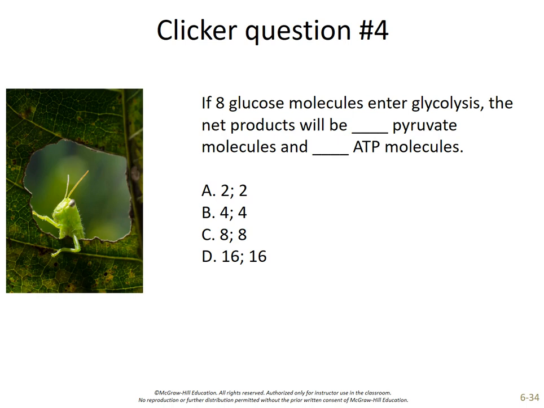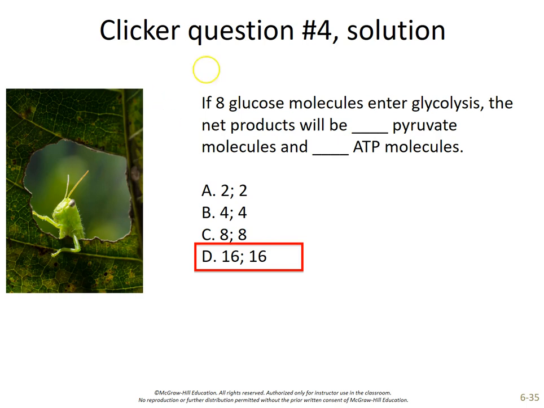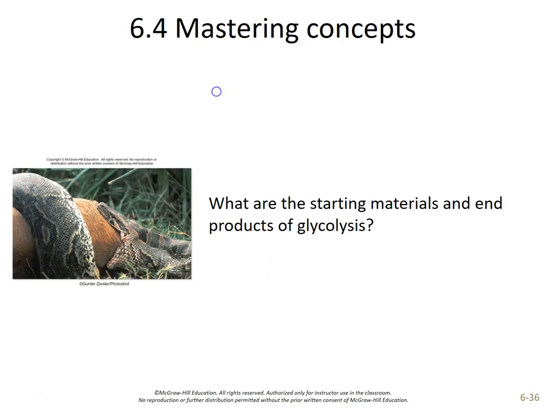And then we have a yield of 4 minus 2, so a yield of 2. So 2 to start, 2 is our net yield, times 8, that would be 16. Okay, so you'll need to know the starting materials and end products of glycolysis.